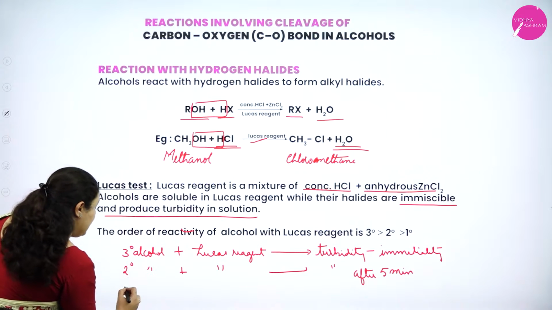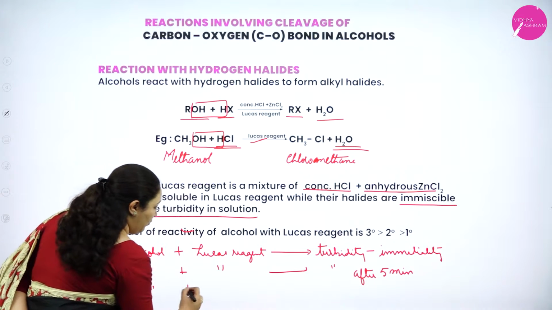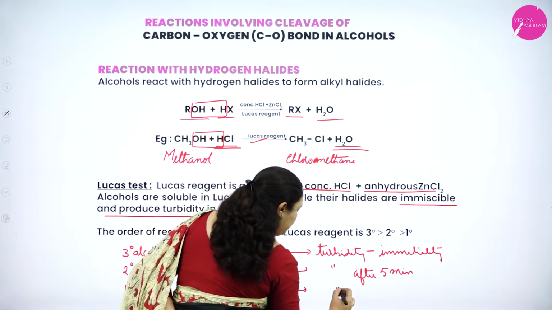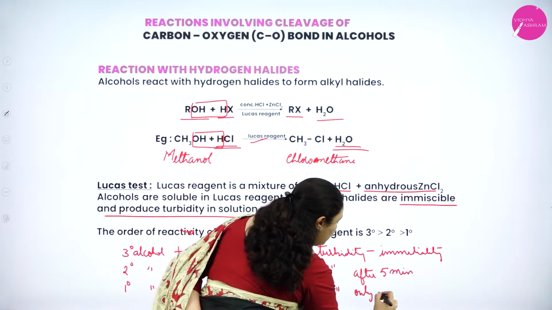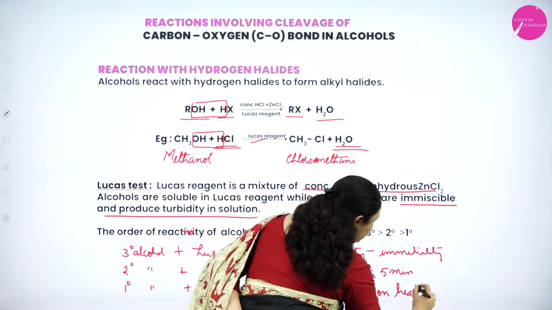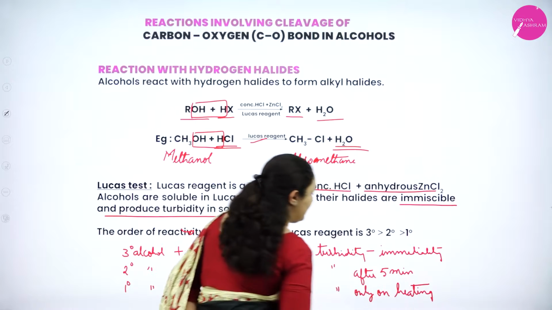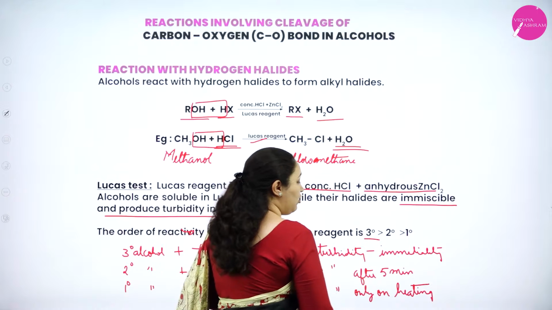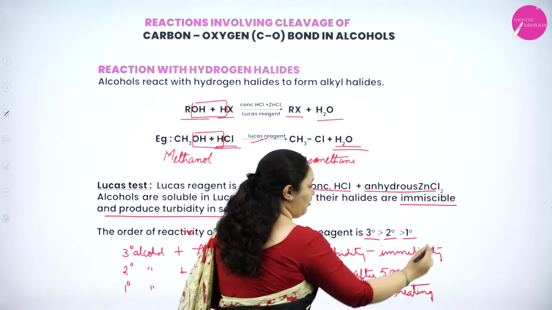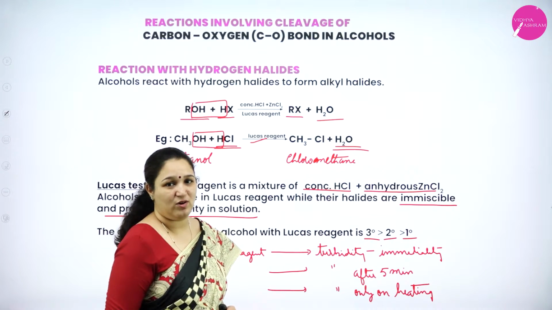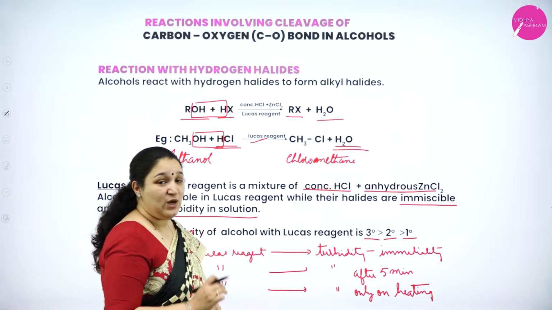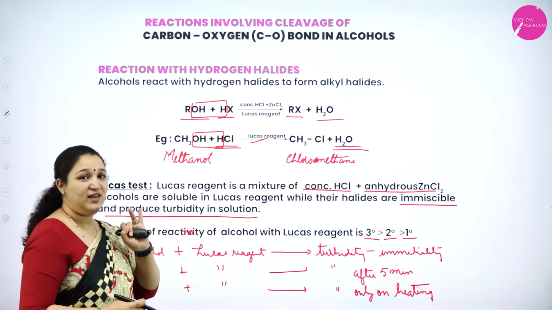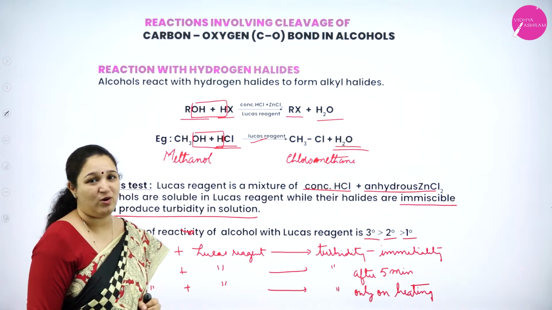Whereas if it is primary alcohol, when it is treated with Lucas reagent, turbidity is produced only on heating. Thus you can see order of reactivity. Tertiary alcohol is most reactive, then secondary alcohol, then comes primary alcohol. Clear? Thus we can use this test to distinguish between tertiary, secondary and primary alcohols.